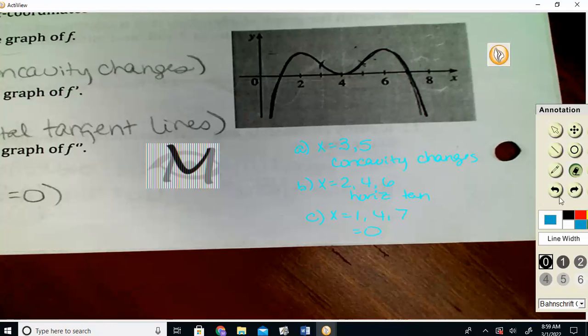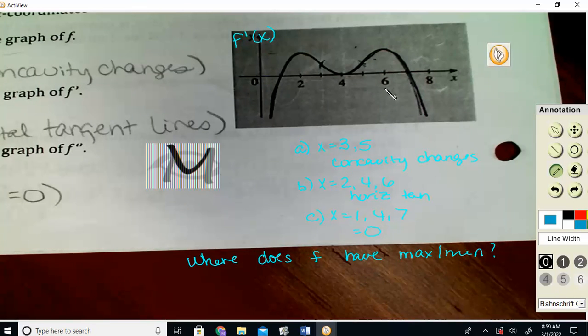What if I said, this is the graph of f prime? So I'm looking at the derivative. Can you tell me where function f would have a max or a min?